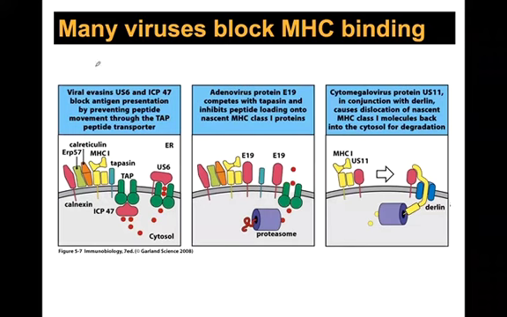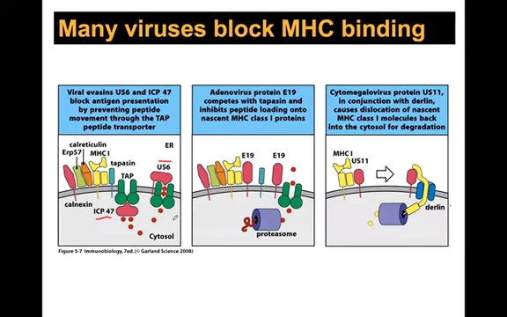But if you look at proteins that are expressed by viruses to block this, there are a number of steps where they can do it. The easiest one, and particularly herpes viruses do this a lot, is to block the transporter. Cytomegalovirus and herpes simplex virus express these proteins that essentially just prevent any peptides coming through TAP.